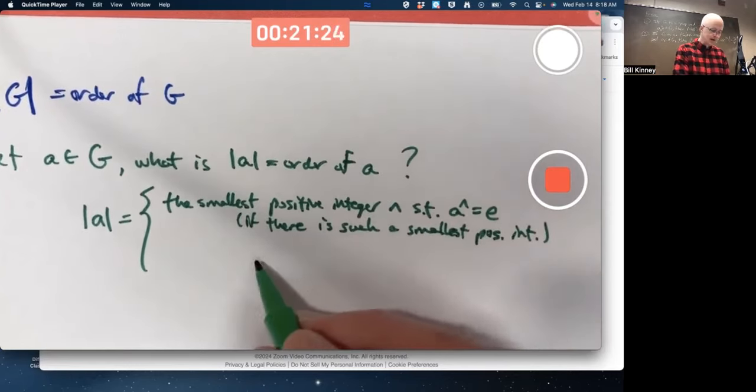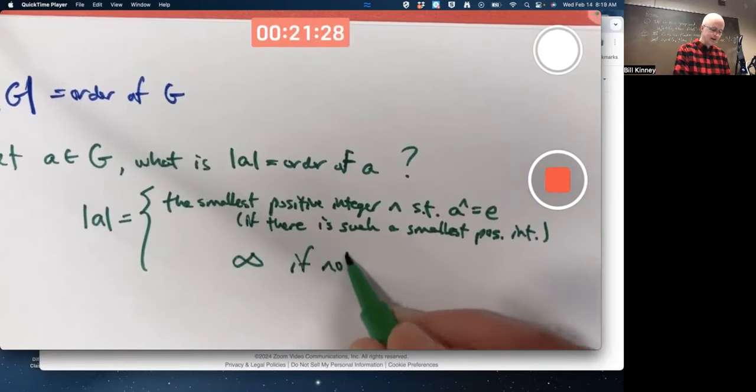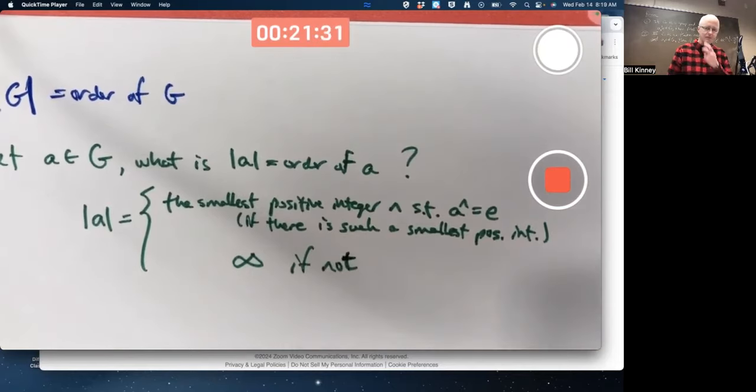And it equals infinity if not. Okay, and again, when I write that, I'm not saying infinity is a number. I'm saying the order of A is infinite. It's not finite.